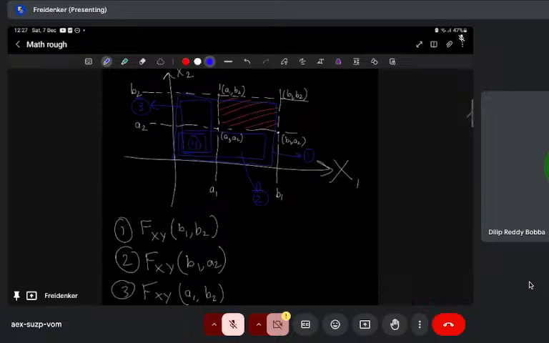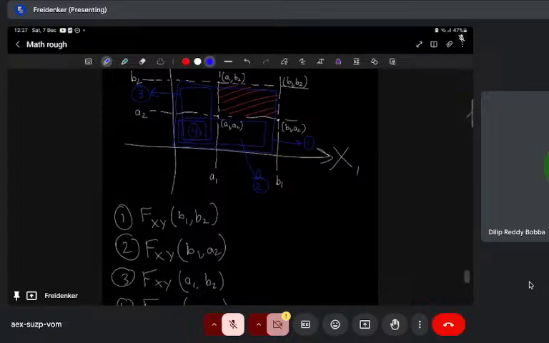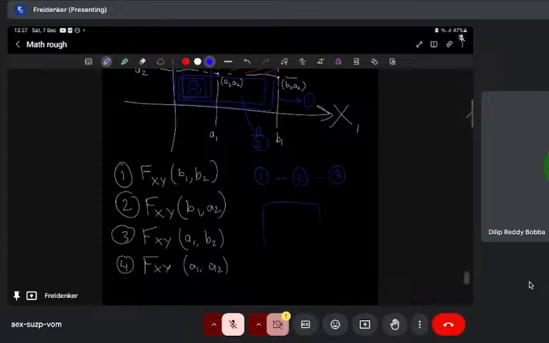So I can obtain the red region by doing this. I take rectangle 1, the bigger rectangle, minus rectangle 2 minus rectangle 3. What happened? I have this bigger rectangle with 4 regions.